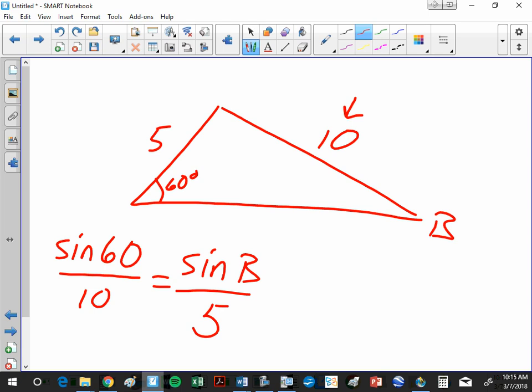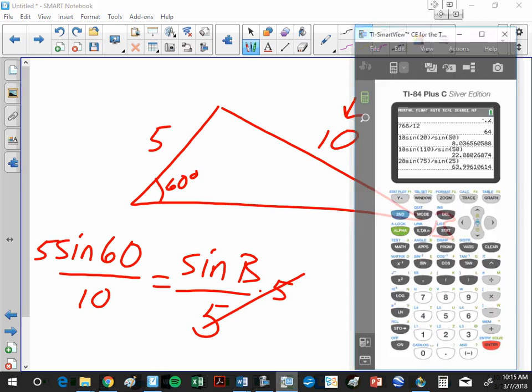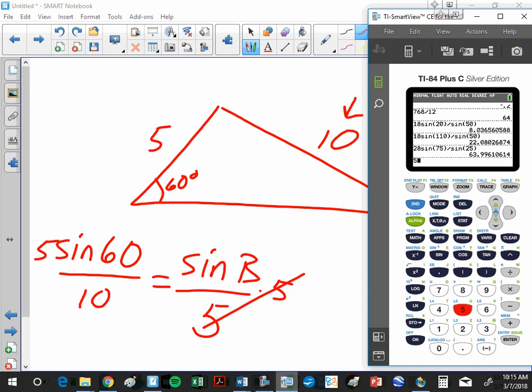Okay? I could cross multiply here, but actually there's a really easy way to solve this. Just times by 5. Right? If I multiply by 5, then that goes away. 5 sine of 60 over 10. So 5 sine of 60 divided by 10. And I end up with, oh, so, no, we're just not done.